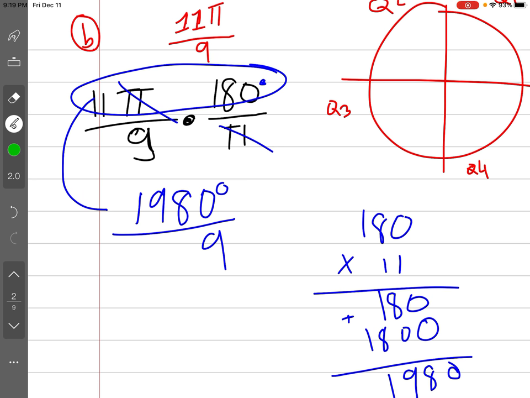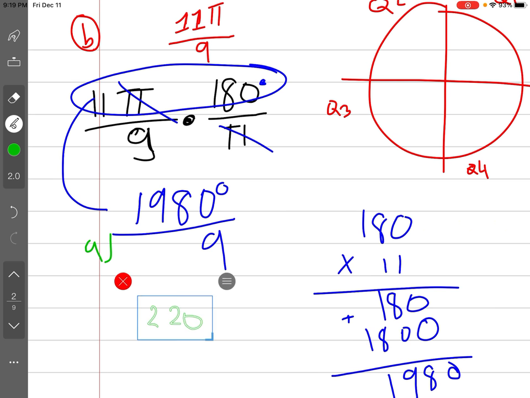If we do long division here, 9 goes into 18 two times, and 9 times 0 is only 0. So this is my answer.